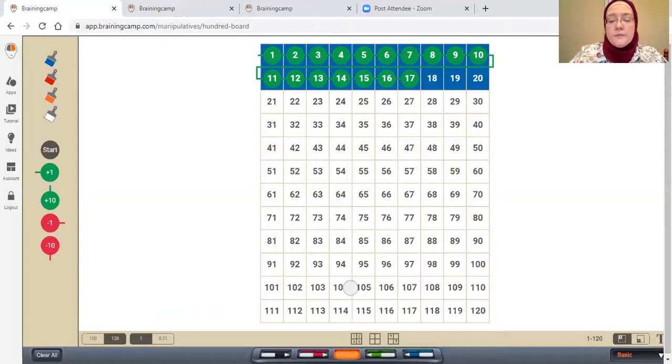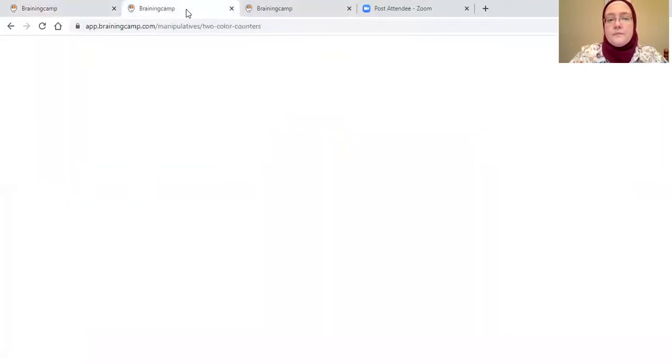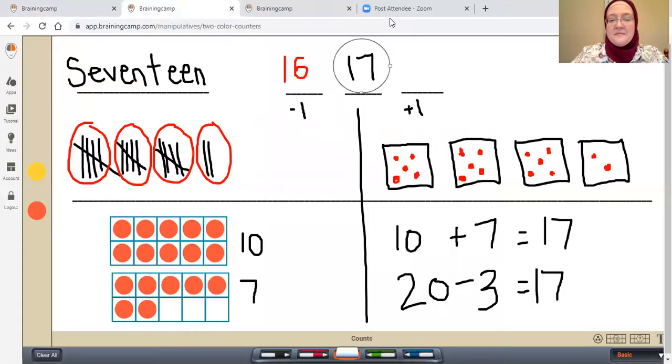What if we jumped? We were at 17 and we're going to jump 1 more to 18. There you go. Go ahead and write it on your paper. Pick up my pen. 18 would be 1 more than 17.